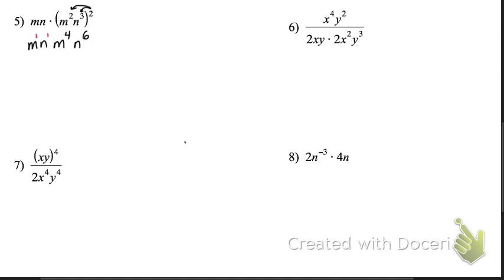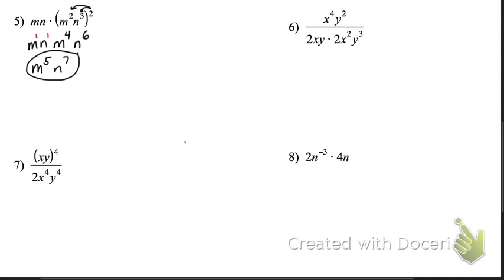Now I can add in that these are to the first power. So then my next step, I could say, okay, m to the 1st times n to the 4th is going to be m to the 5th, and then n to the 1st times n to the 6th is going to be n to the 7th. Final answer.